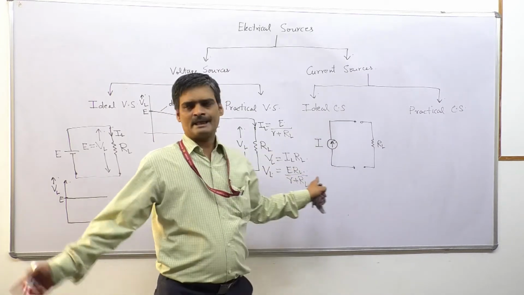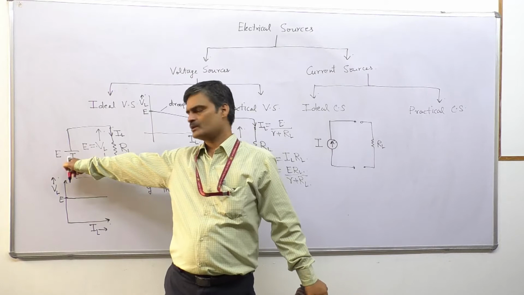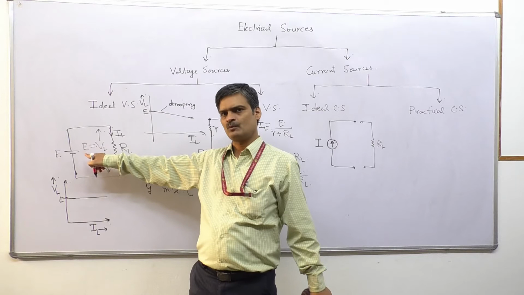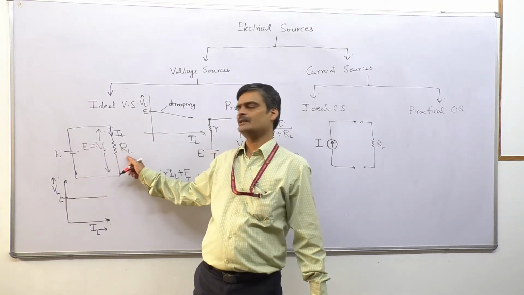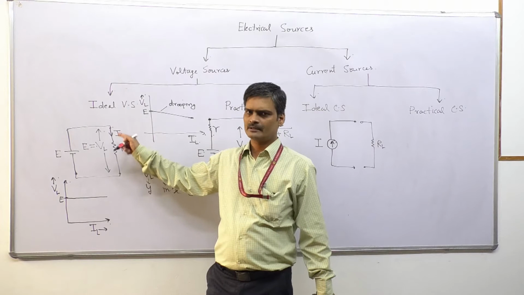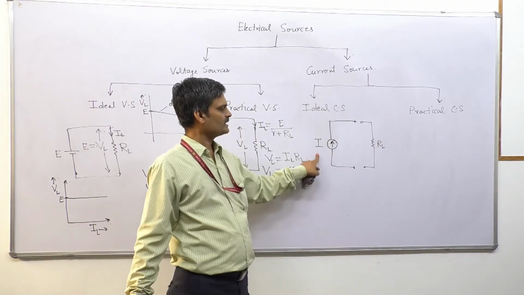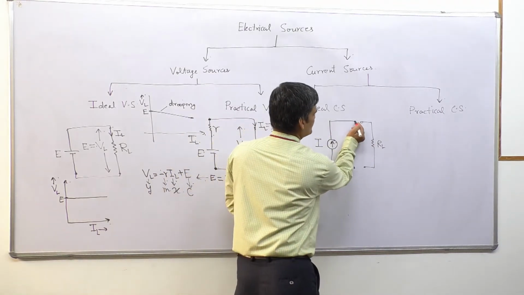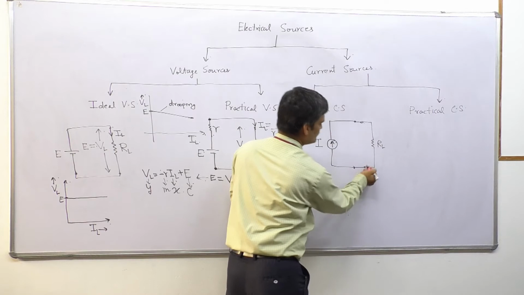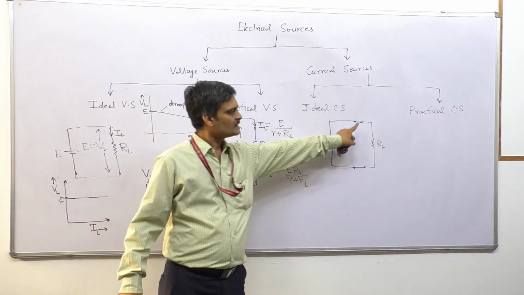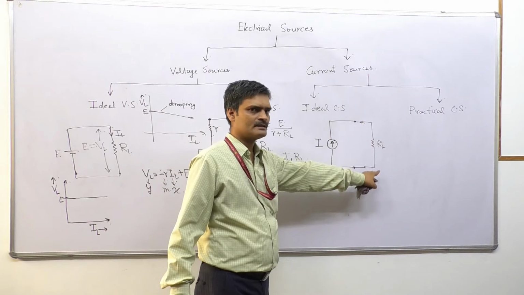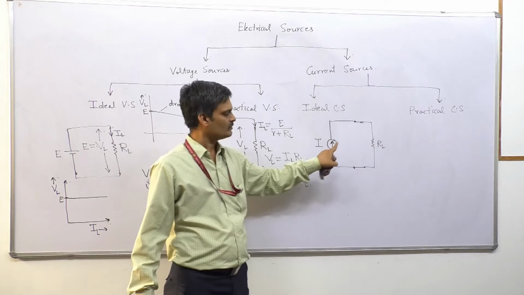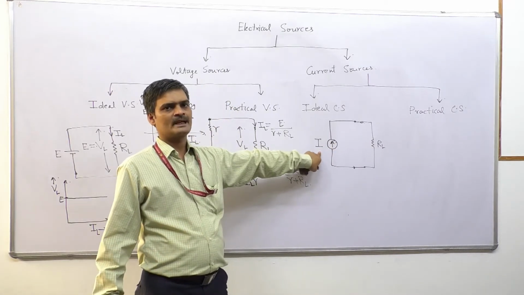So like an ideal voltage source, if this source is ideal, this means the load voltage should remain at a constant value, irrespective of the value of the load current or the load resistance. Similarly here also, if this current source is an ideal one, then when it is connected to a load resistance, this load resistance should always carry a constant value of current, and that constant value should be equal to the value of the current source.